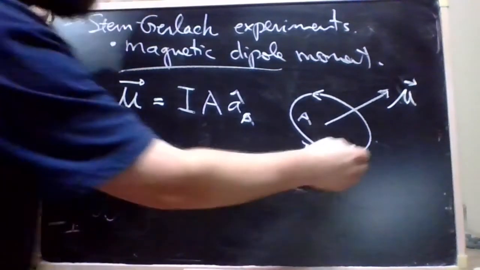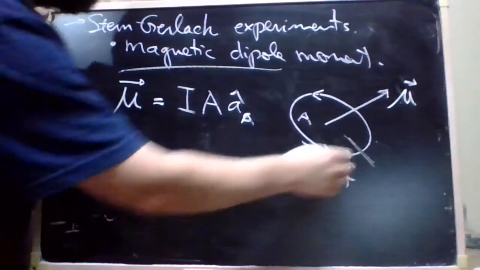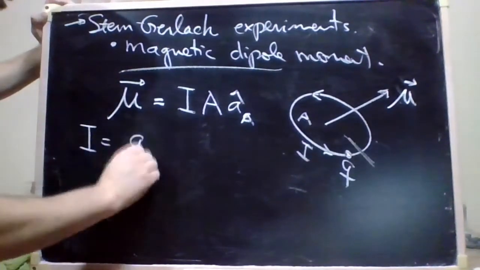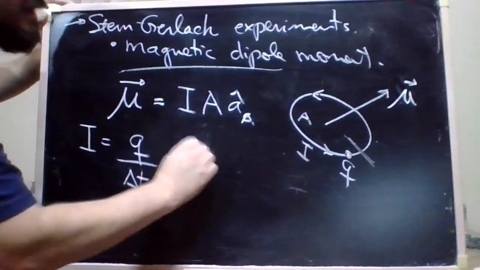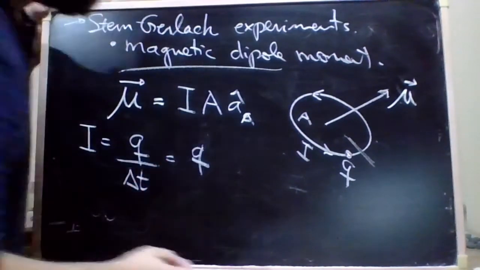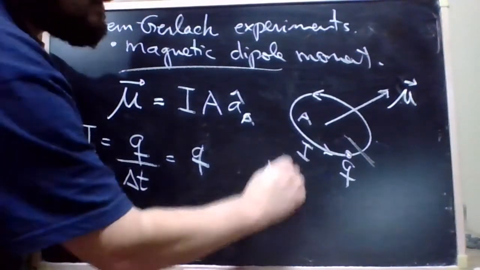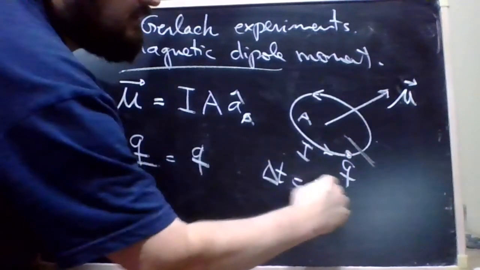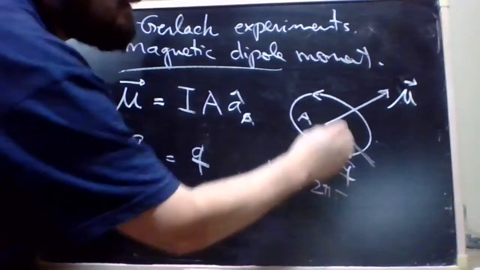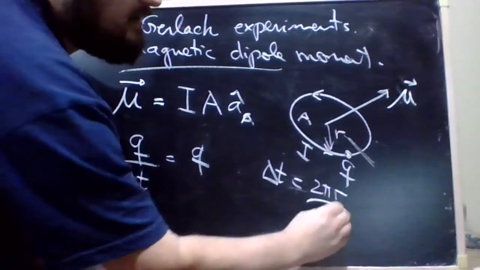If you're measuring the charge which passes through an area, you'll have a charge Q divided by some delta T, and this delta T is equal to the length of the loop, 2 pi r, where r is the radius of the loop, divided by the velocity of the particle.